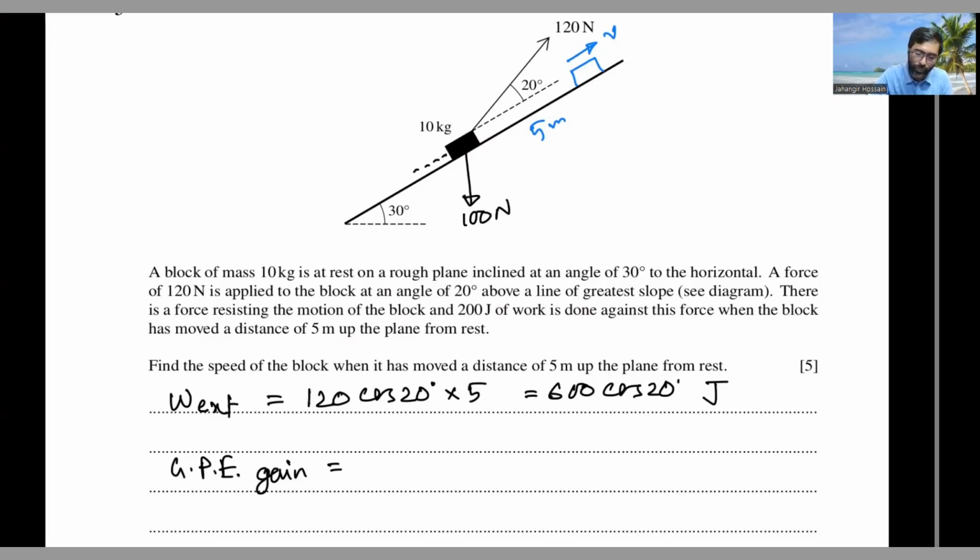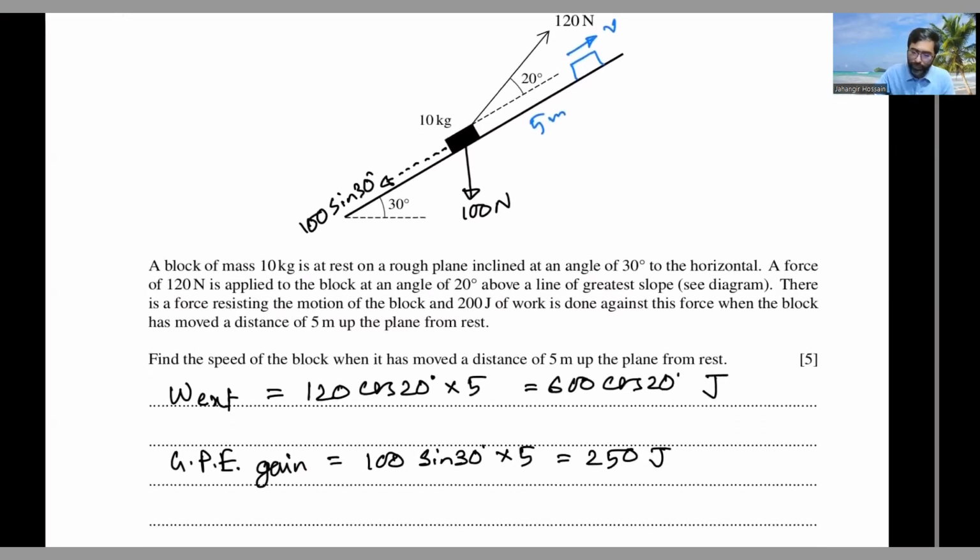The component of weight along the plane is 100 sin 30, and the distance it moves along the slope is 5. So it is 100 times sin 30 times 5, which will give you the GP gain, which is 250 joules. Okay.